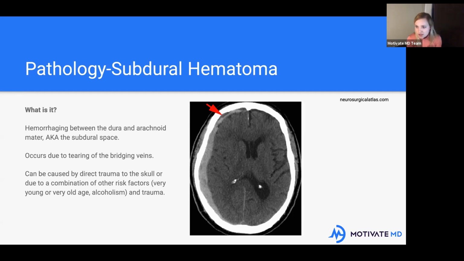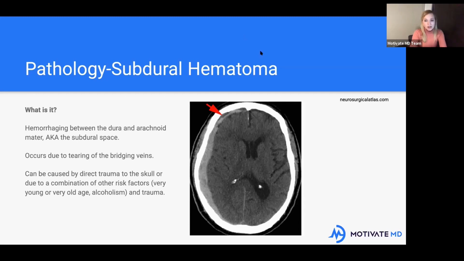I see a question. Is there a way to know if the injury is still bleeding or has stopped based on the scan? That's an excellent question, and yes, the answer is yes. What's unique about a subdural hematoma is that it's not necessarily an acute problem; it could be a chronic bleed too. Because this is a venous bleed compared to an arterial bleed, the bleeding can actually be slower than you would expect.